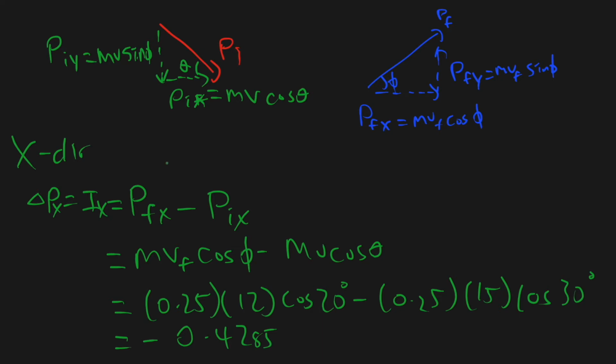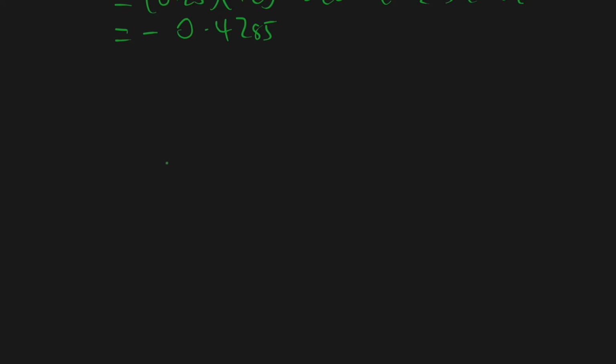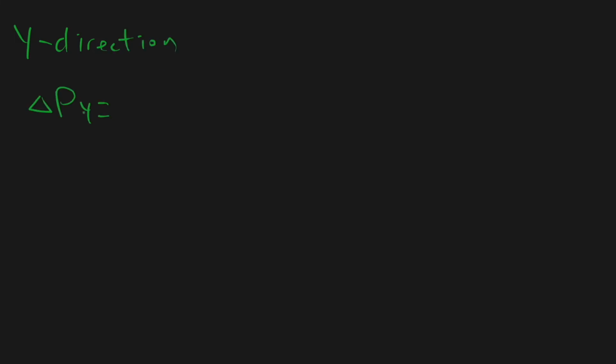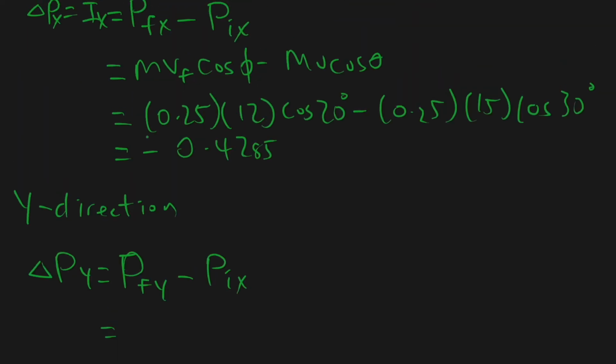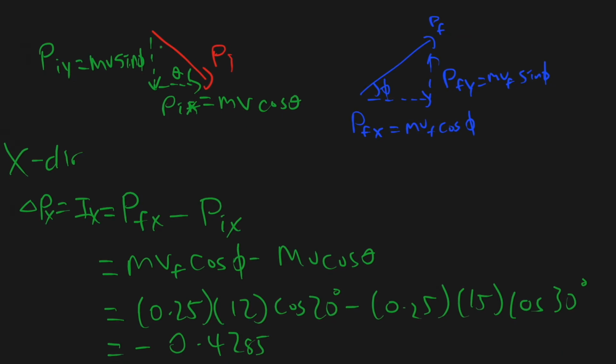So this is for your horizontal direction. And now let's calculate for the y direction. The change in momentum is equal to your final vertical momentum minus your initial vertical momentum. Let's go back to the picture here. The initial momentum has a minus sign because it's pointing downward, and the final momentum has a positive sign because it's pointing upward.